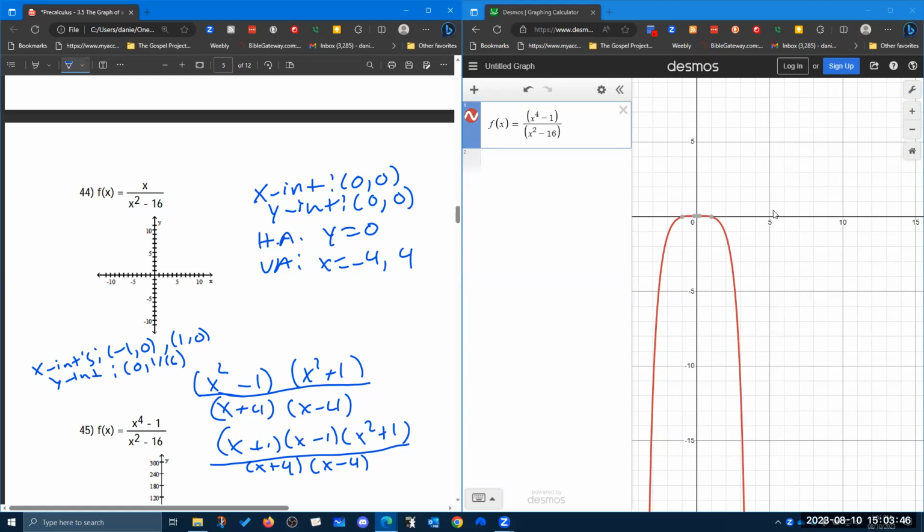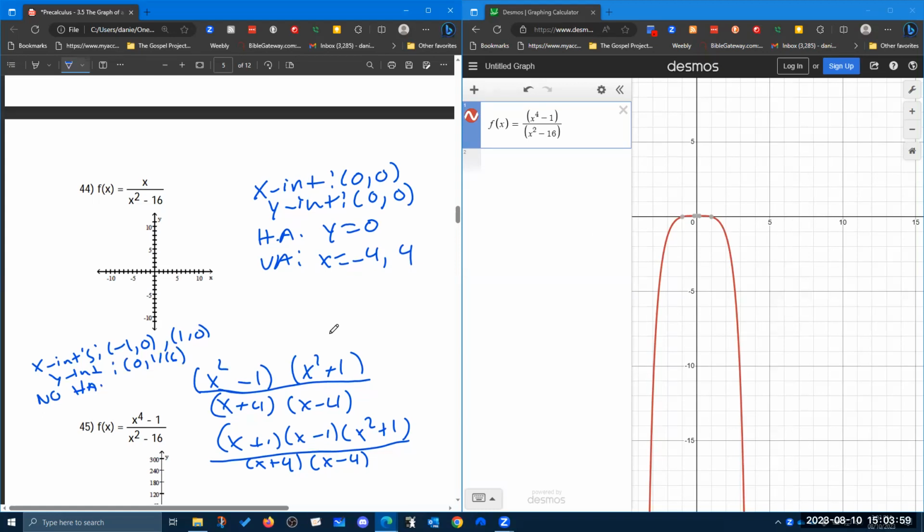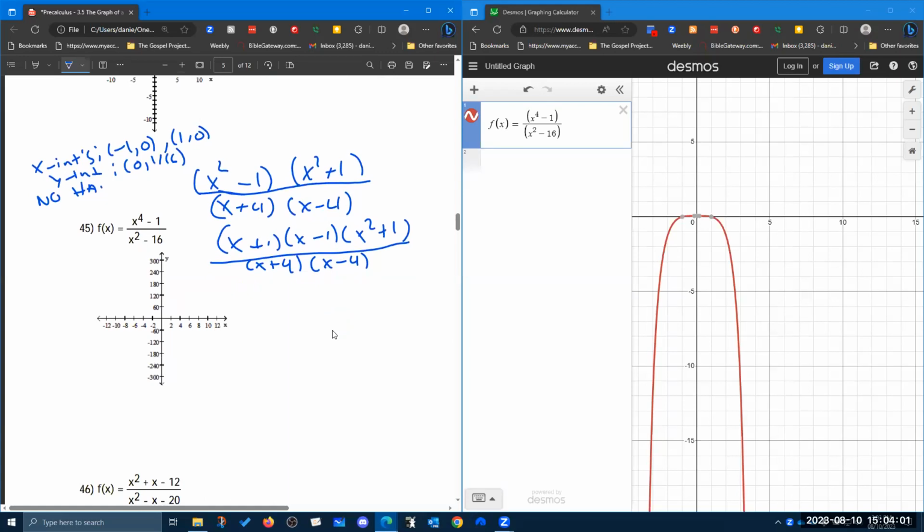Gives me an oblique asymptote that I'm going to have to find by hand, but there's no horizontal asymptote because there's an oblique asymptote. There's vertical asymptotes at x equals -4 and x equals 4.